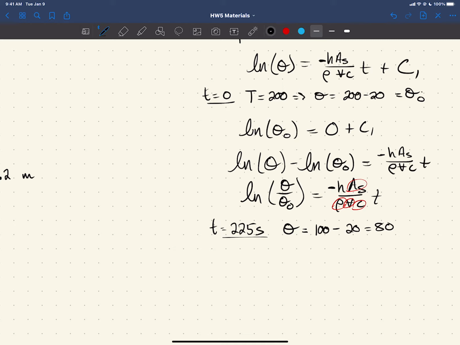And so you would take this and solve it for time. So you have rho V c over minus, don't forget the minus, because I was doing that earlier and I was like, what the hell am I doing getting negative time? Rho V c over hA s times ln of theta, we'll call this theta 2, over theta naught, equals t. You plug all that in a calculator and you get what you're looking for, which is the time.